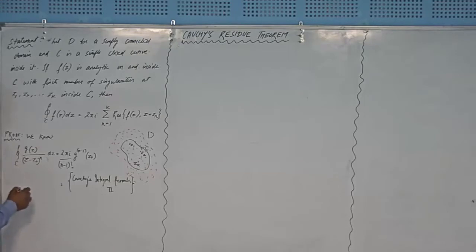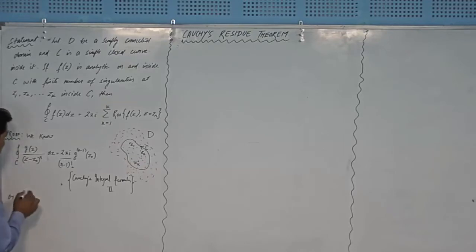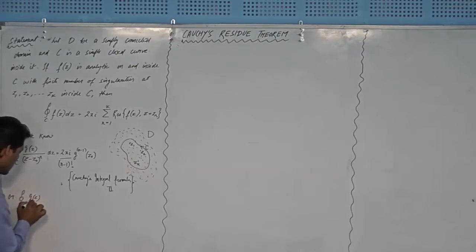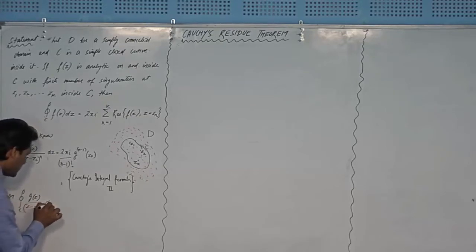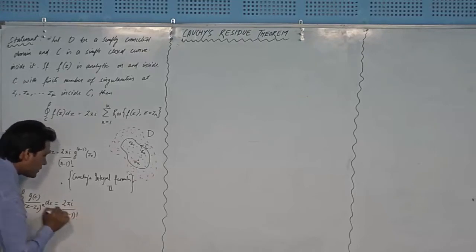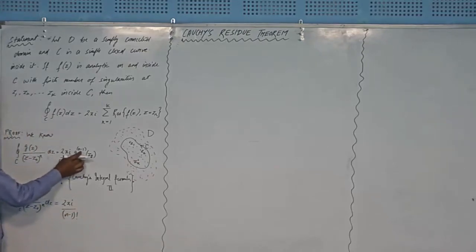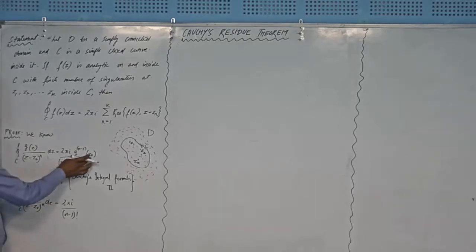Or it can be written as the integral over C of g(z) over (z minus z naught) to the n dz equal to 2 pi i over (n minus 1) factorial, and if you see this is actually the n minus 1th derivative of g(z) evaluated at z equal to z naught.